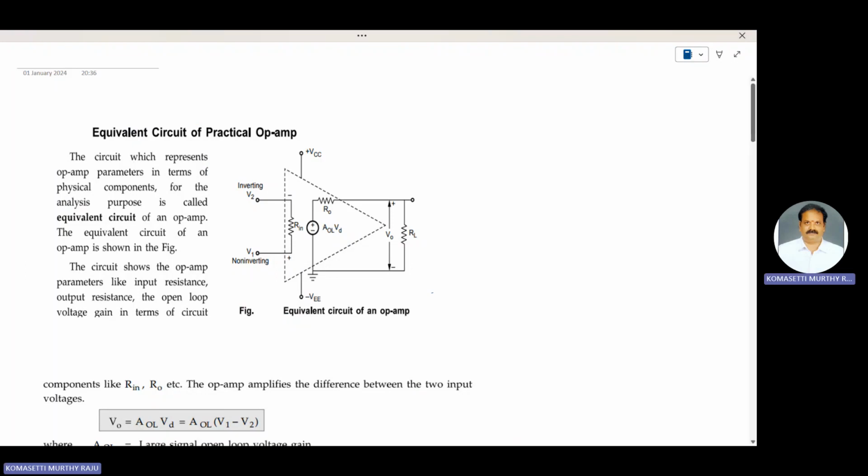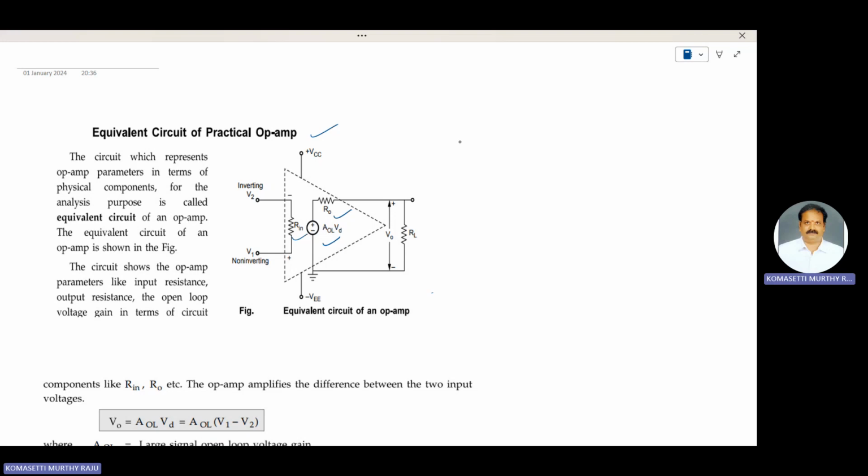Equivalent circuit of a practical op-amp. The equivalent circuit of a practical op-amp includes input resistance Rin, output resistance R0, and the open loop gain AOL. These are the circuit parameters.